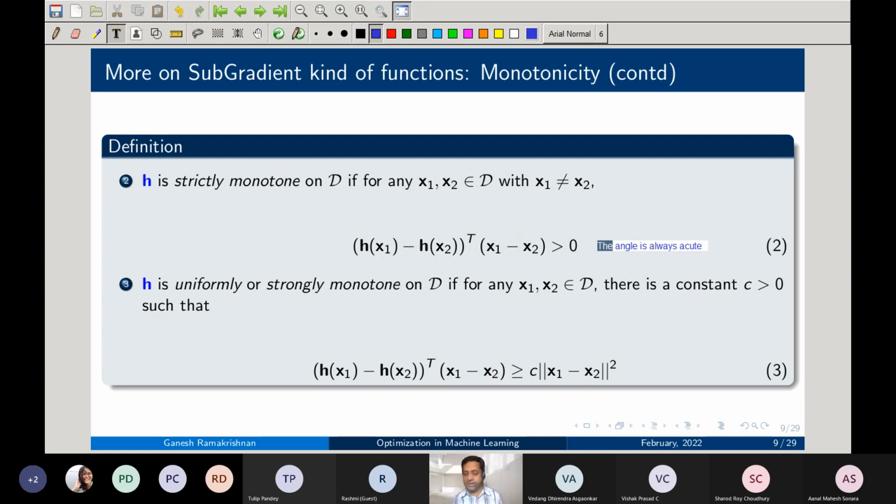The angle is always acute, whereas here we are saying that the angle will be lower bounded by a quadratic function. It's not really the angle but the dot product. It will be lower bounded by some quadratic function in the numerator. In the denominator, again, you'll have to have the norms, etc. That's the spirit in simple plain English.